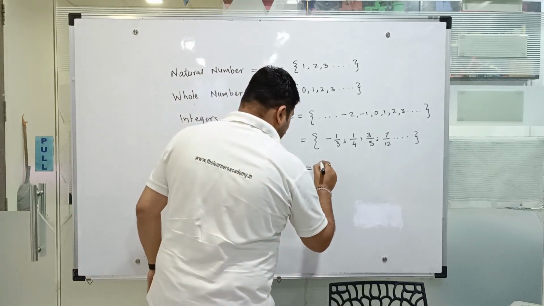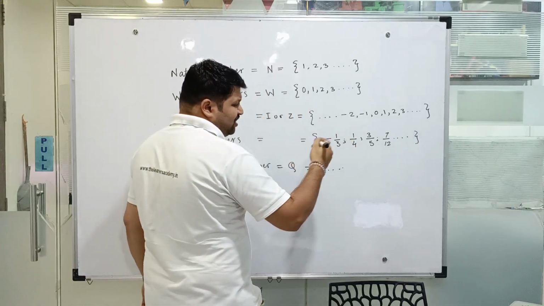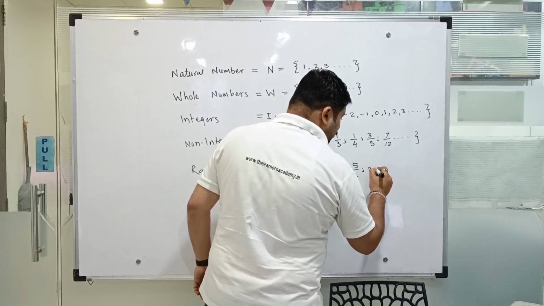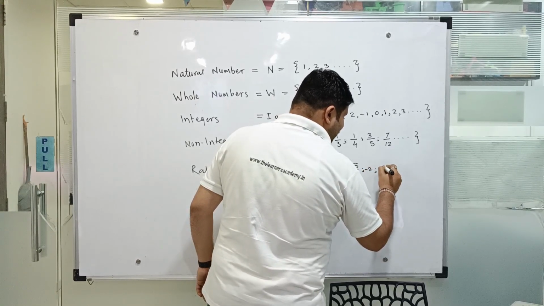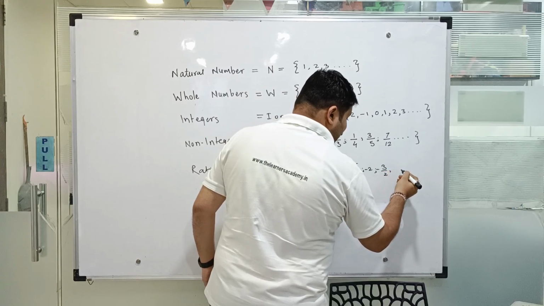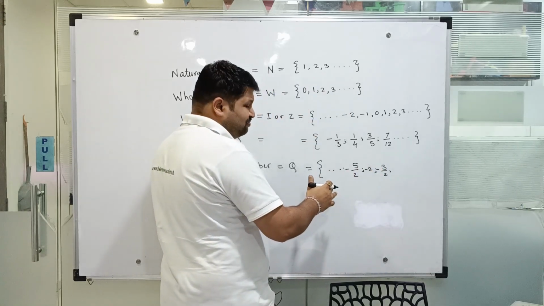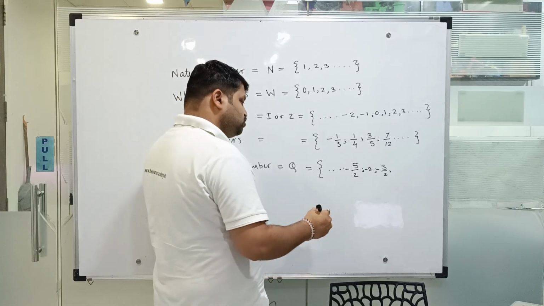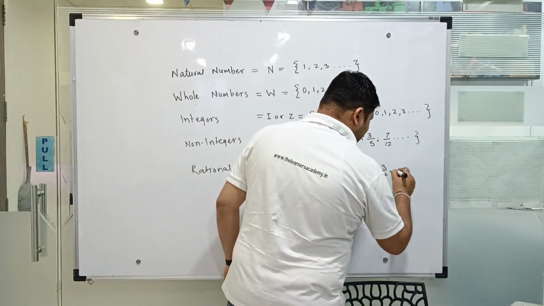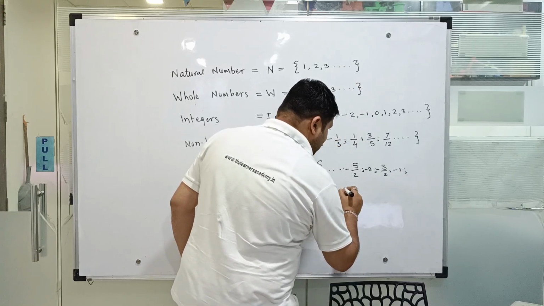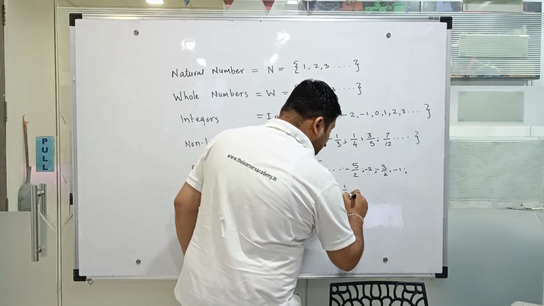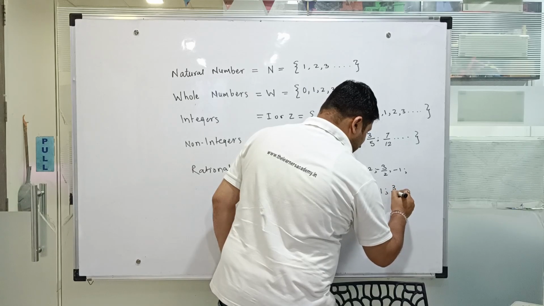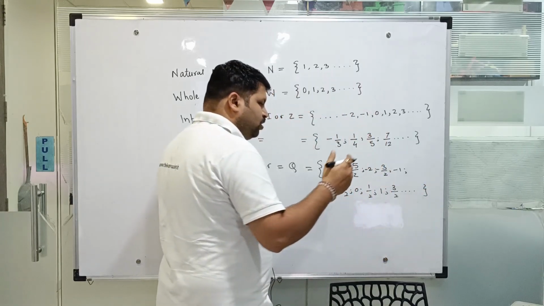So we can have a set of rational numbers starting from minus infinity, then maybe minus 5 by 2, then minus 2, then minus 3 by 2, then minus 1, then minus 1 by 2, then 0, then 1 by 2, then 1, then 3 by 2, and it would go all the way till plus infinity.